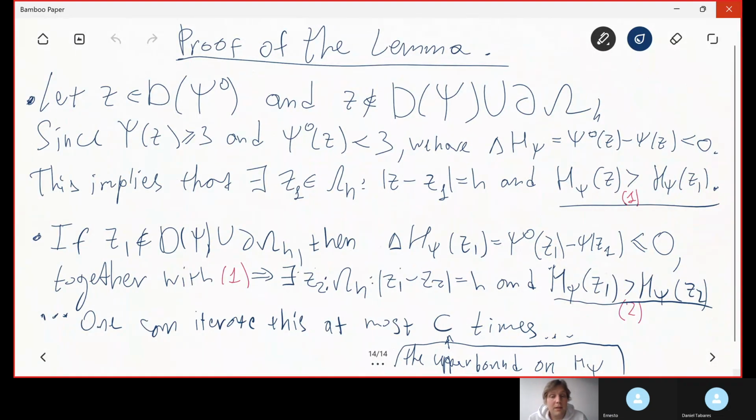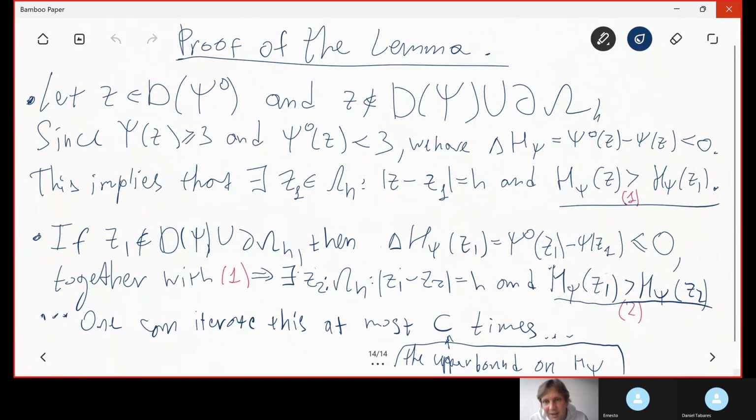So, the proof of the lemma. It's very nice. You just take some vertex z in the deviation locus of the relaxed state, and you assume that it doesn't belong to the deviation locus of the original state together with the boundary. Since it's not in the deviation locus of the original state, the value is greater or equal to 3, and since it's in the deviation locus of the relaxed state, it's less than 3.